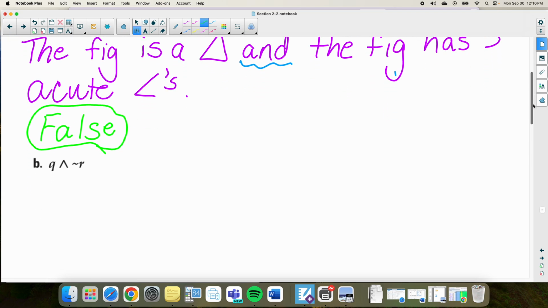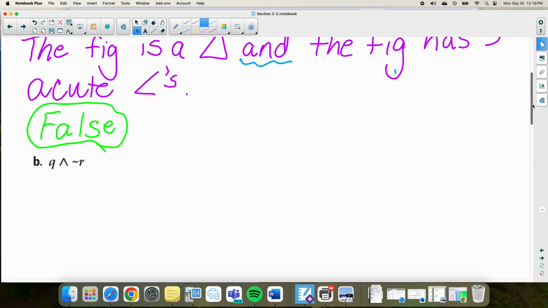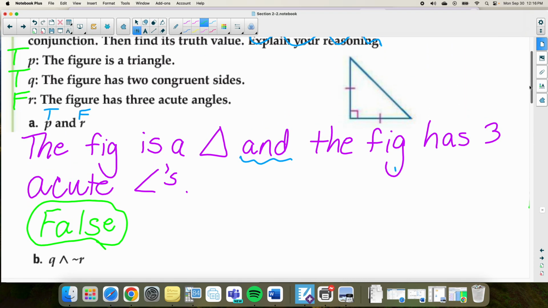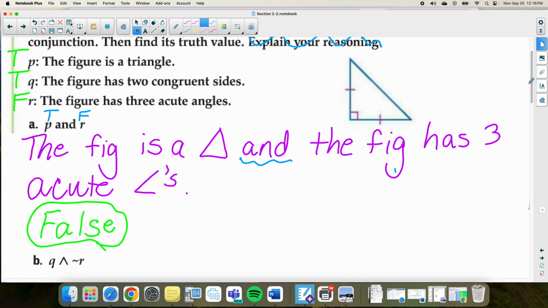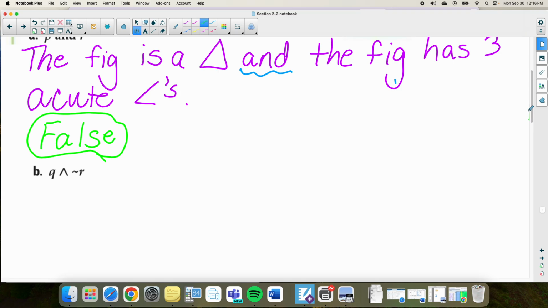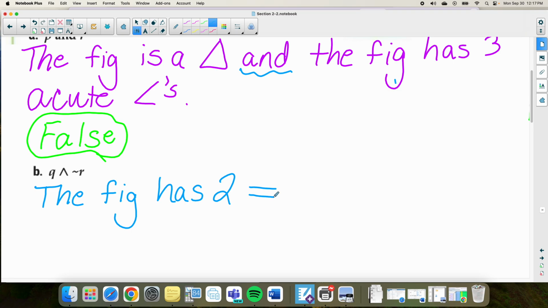Now let's look at B, and this time we're going to write out the statement for Q. Then we're going to do and, then we're going to negate R. So Q is, the figure has 2 congruent sides. Congruent, remember, is an equal sign with the squiggly sides.